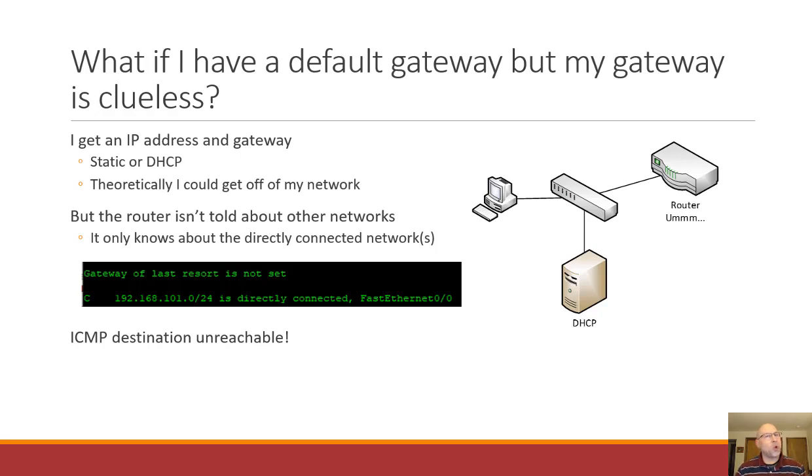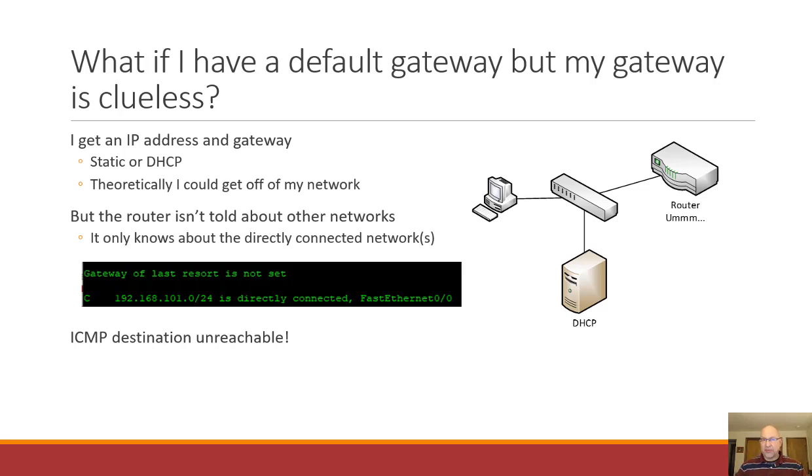Now, what if I have a default gateway and the default gateway is out there, but it's clueless, meaning that it doesn't really understand very much of the world? So it's misconfigured, or it just hasn't been configured yet. So I get an IP address via static configuration or DHCP.